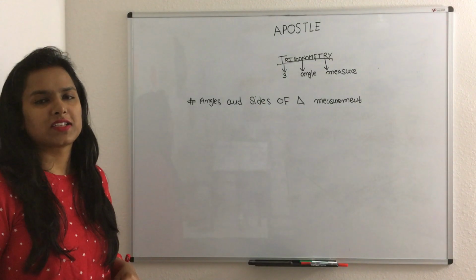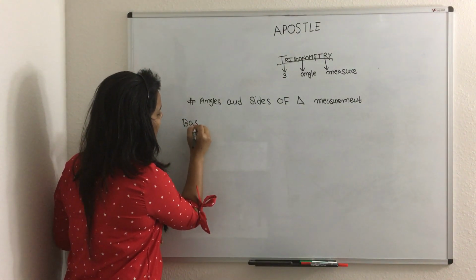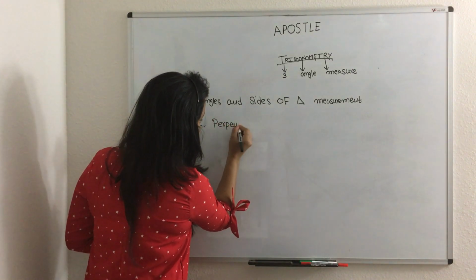Now we are going to discuss the base, perpendicular and hypotenuse of the triangle.